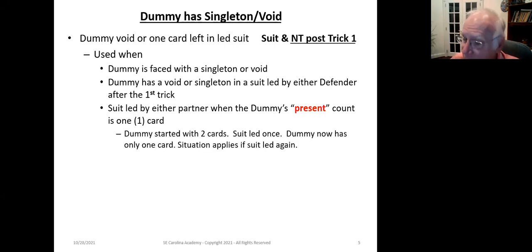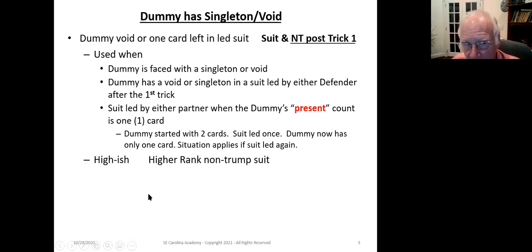This is kind of a difficult one to grasp, but if you keep your eyes open and really pay attention, it becomes pretty easy to detect and to use this as part of your defensive signaling system. And again, high-ish, you're looking for a higher ranking suit to be returned to you, and low, a lower ranking suit.